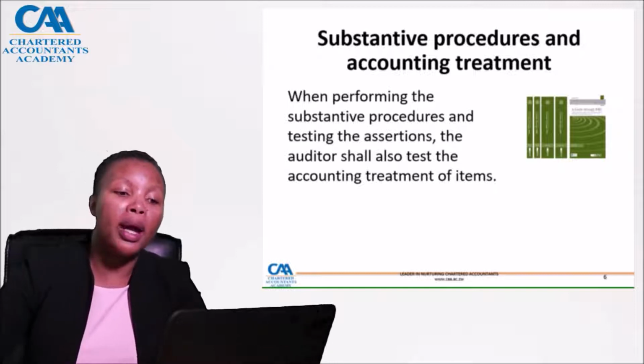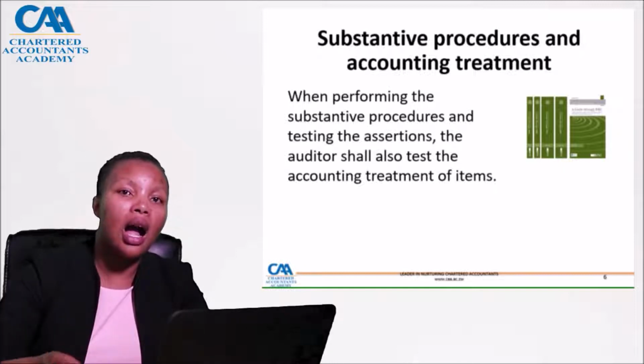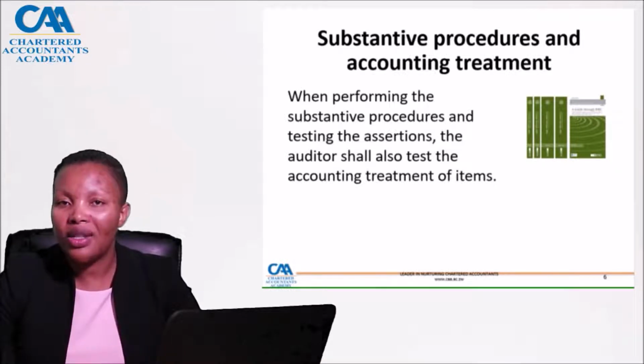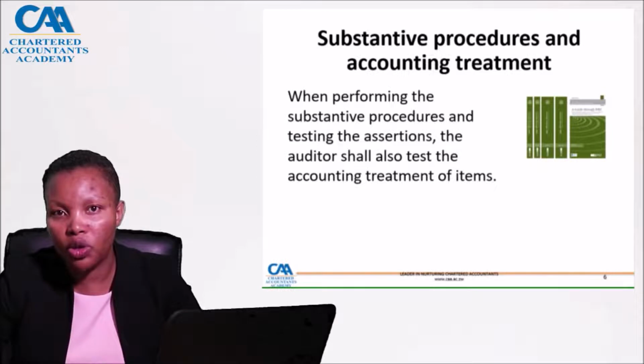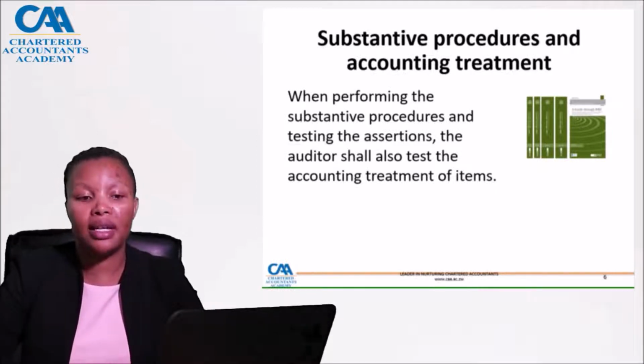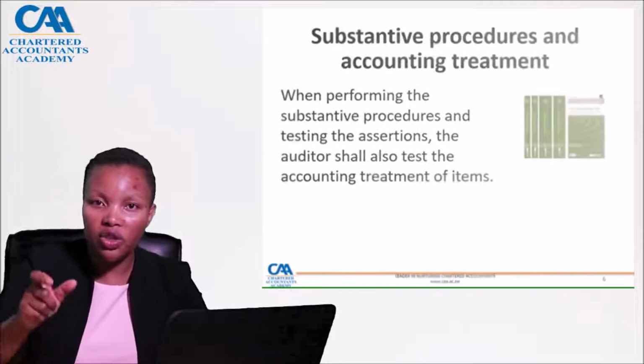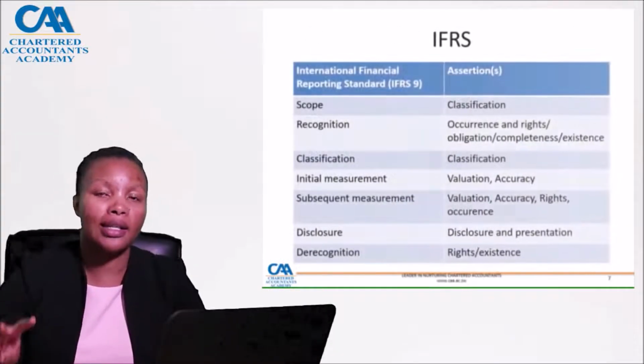So you need to go back to what is the accounting treatment of inventory. And once you've got the accounting treatment of inventory as per IAS 2, you then know what substantive procedures you need to carry out, because that accounting treatment is linked to assertions.